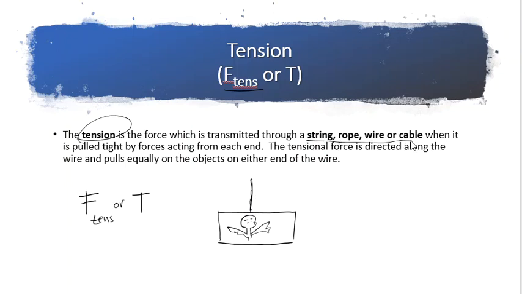It's right here. Fix it into a ceiling or maybe just a wall, then there is a tension force here. Or I can write down F sub tens or uppercase T to represent that.